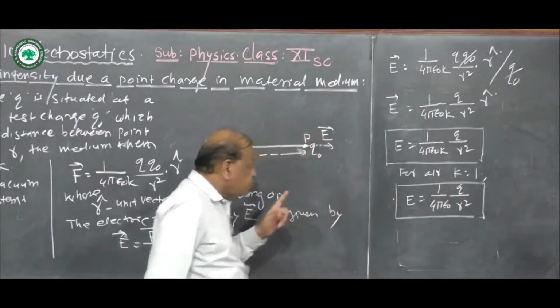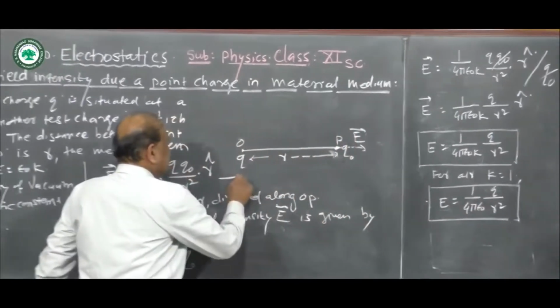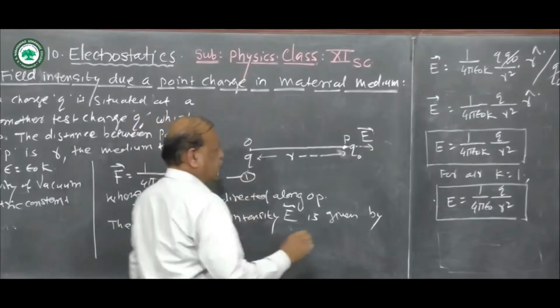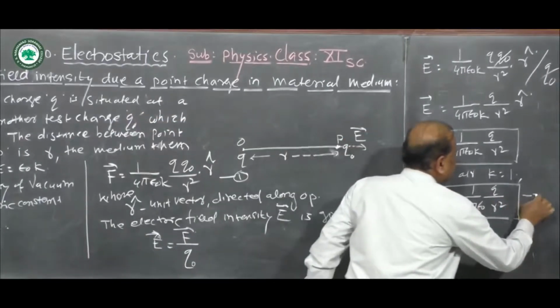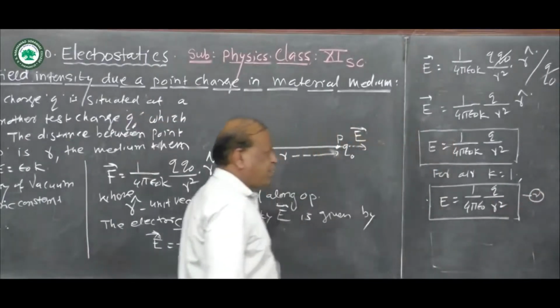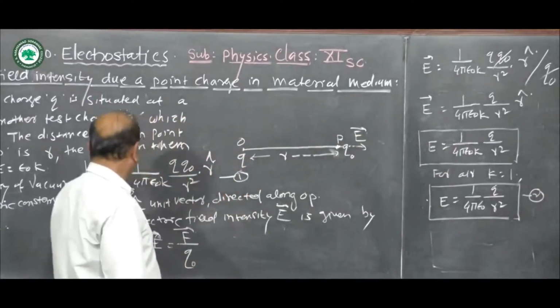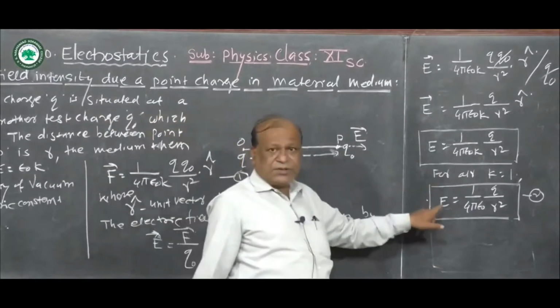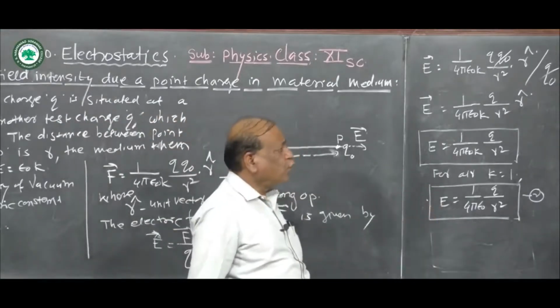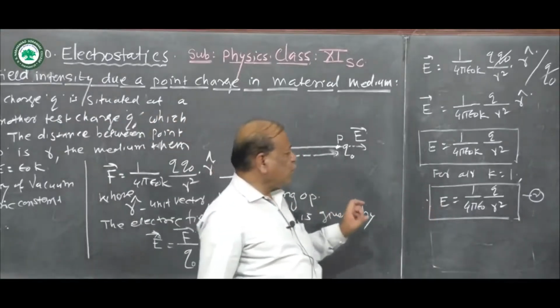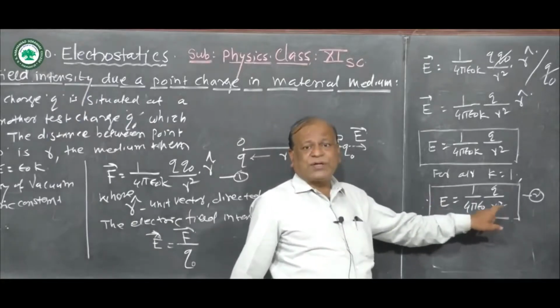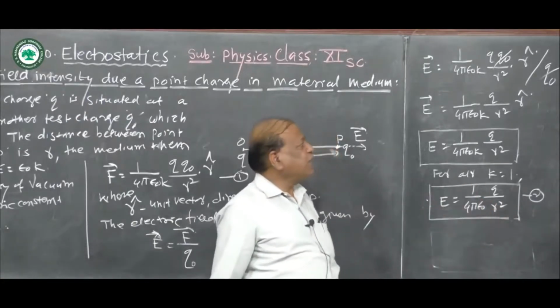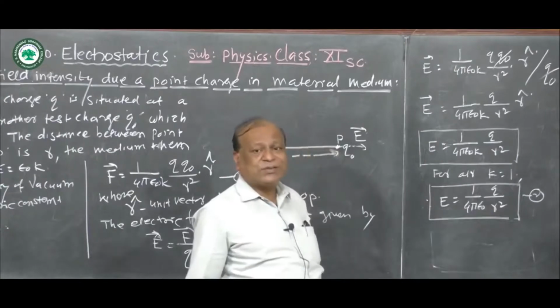Now consider this equation 1 and this equation 2 here. The Coulomb's force and this electric field intensity both are inversely proportional to the square of the distance, meaning that they possess the inverse square law.